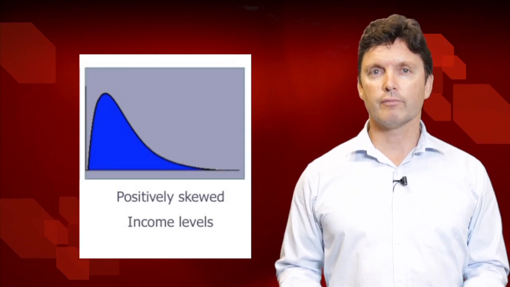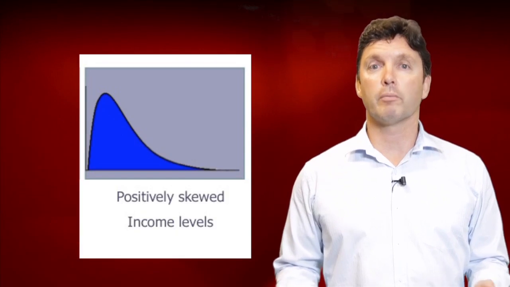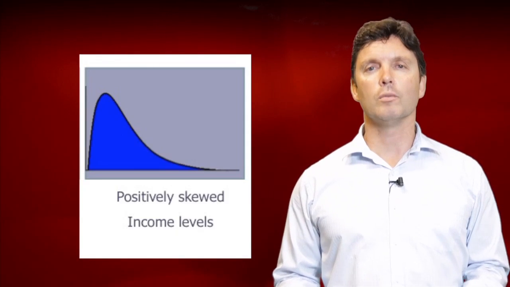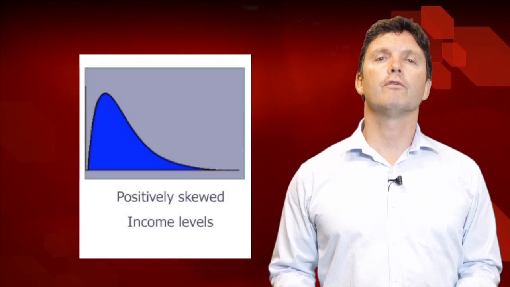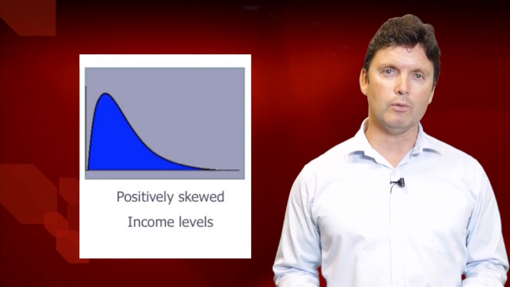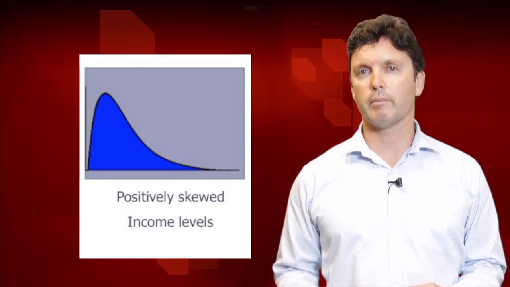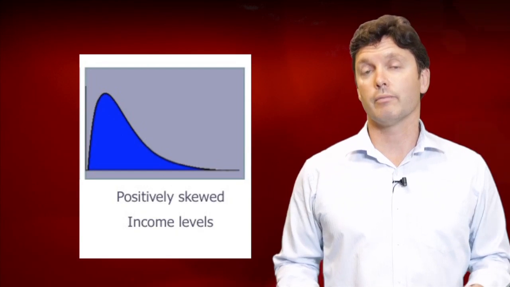If you were to give a measure of depression to people who were in a depression group, then it might be normally distributed. But if you were to give the measure to a broad range of people, then it's likely that most people would not be depressed. The scores would bunch up at the lower end, that is, low symptoms of depression, and only a few at the high end.